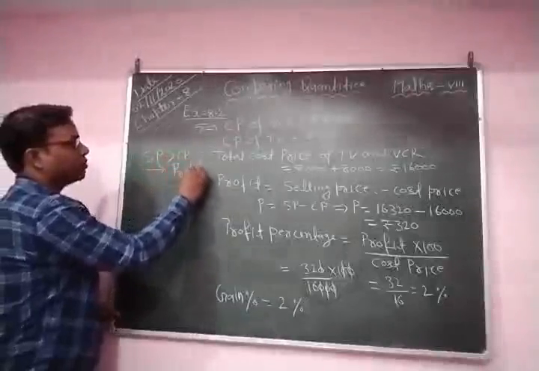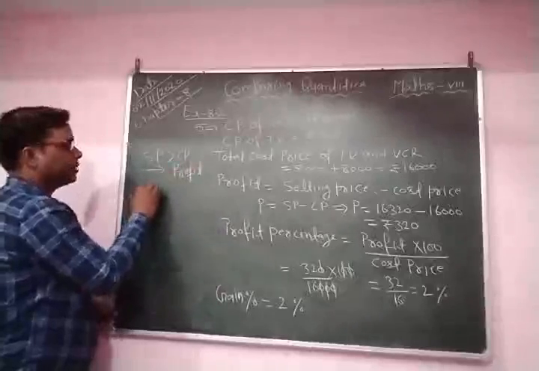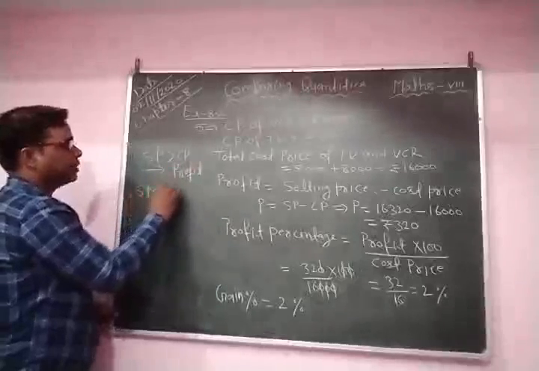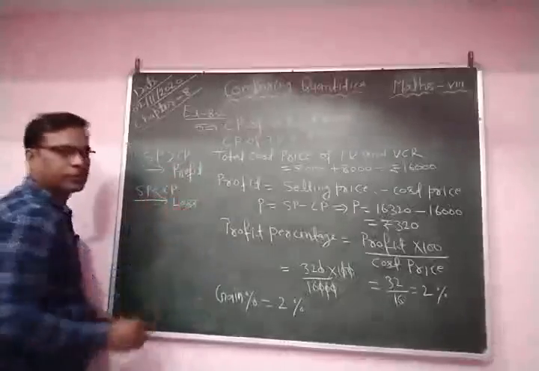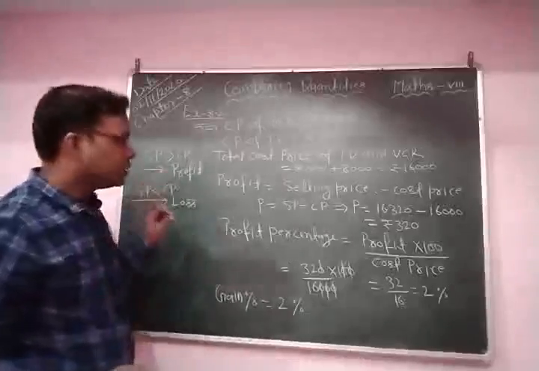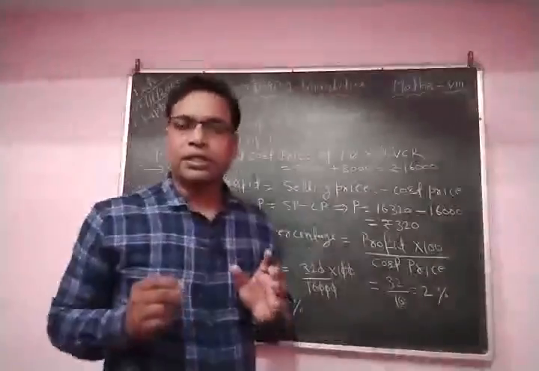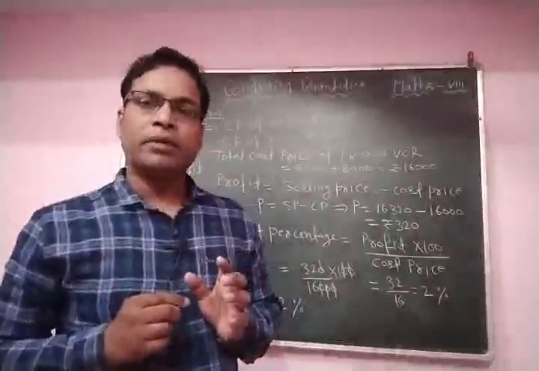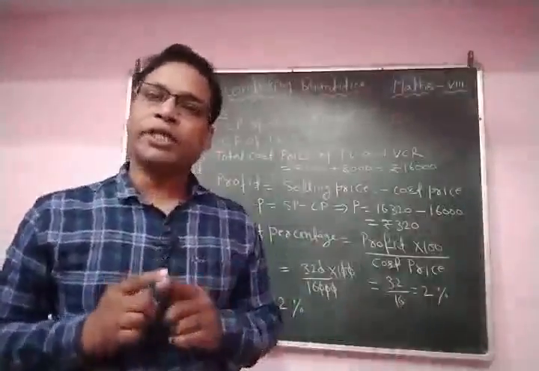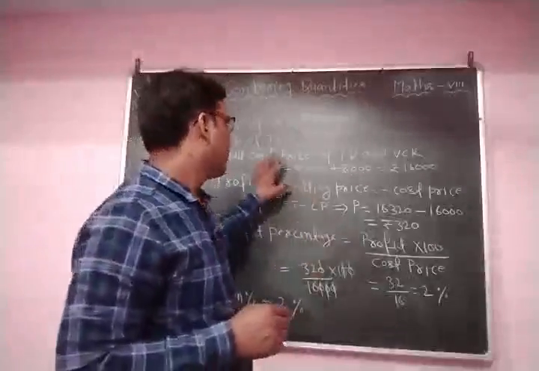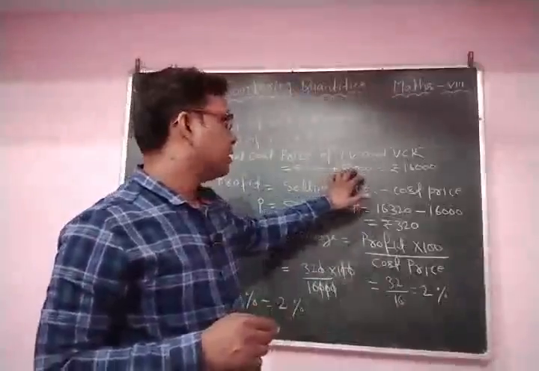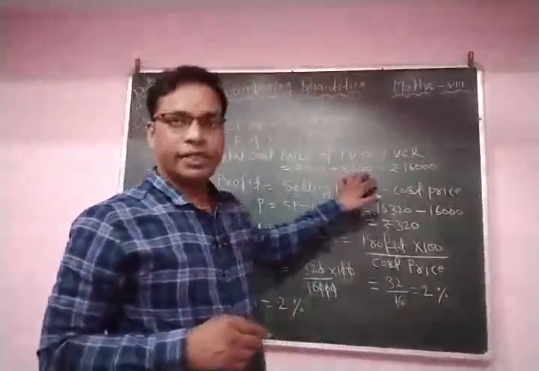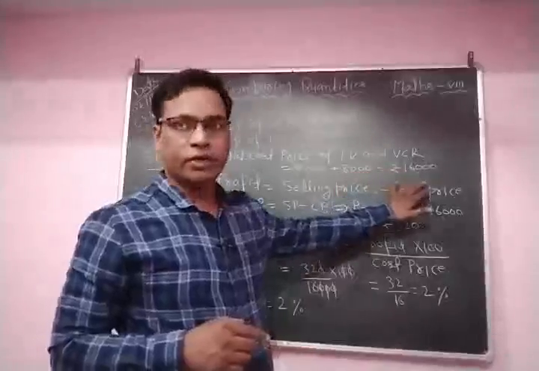If SP is less than CP, then in whole transactions you have loss. Clear? So for this, first we find the total CP, means total cost price of VCR and TV. So total cost price of VCR and the TV is 8,000 plus 8,000. This is equal to 16,000.